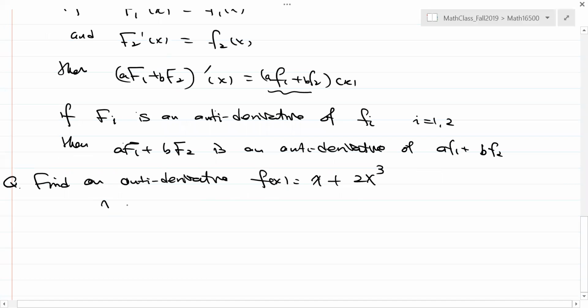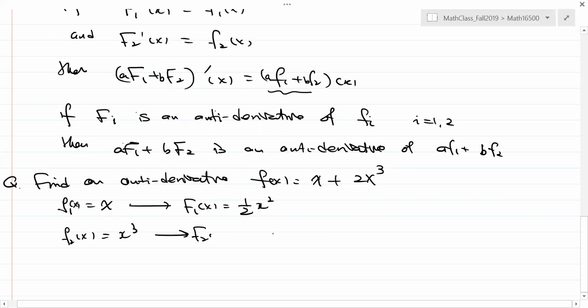So first of all, x, this is f1. Then the antiderivative is going to be half of x squared. You find one of them. Then f2 of x is going to be x cubed. So the antiderivative is going to be 1 over 3 plus 1 times x to the 3 plus 1, which is 1/4 x to the 4th power.